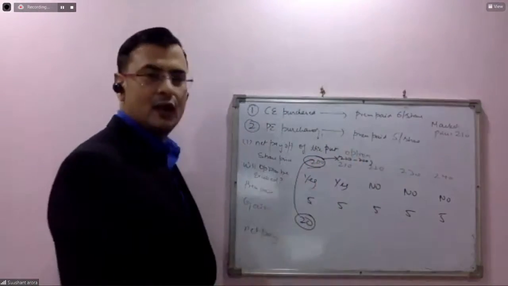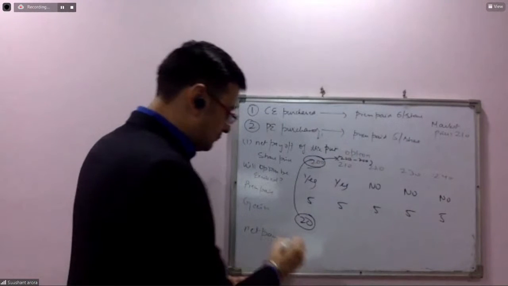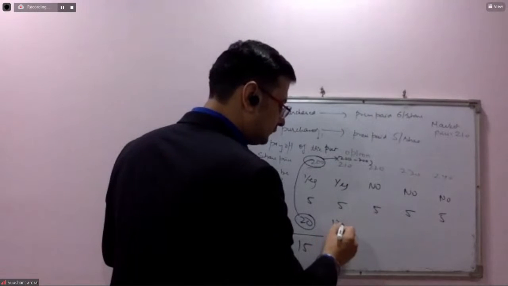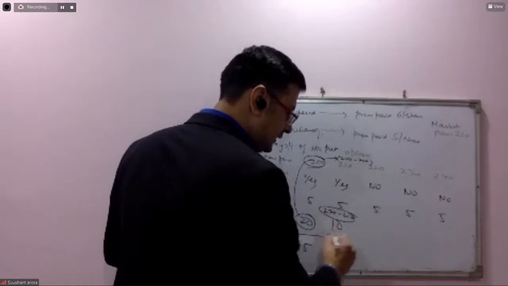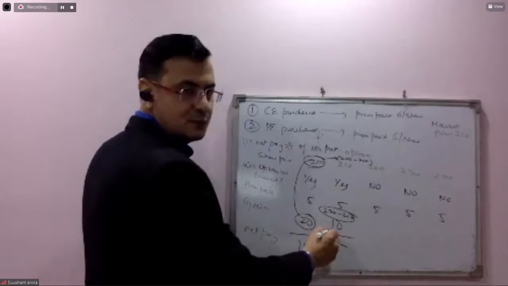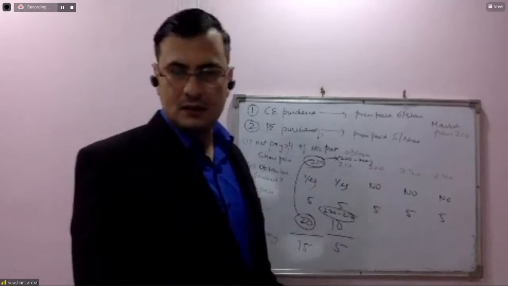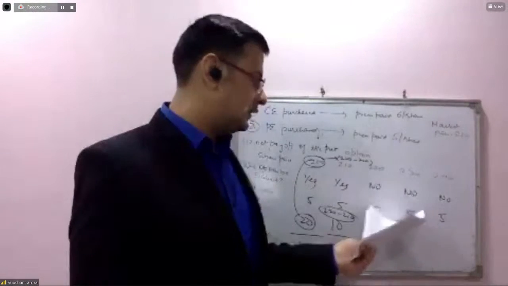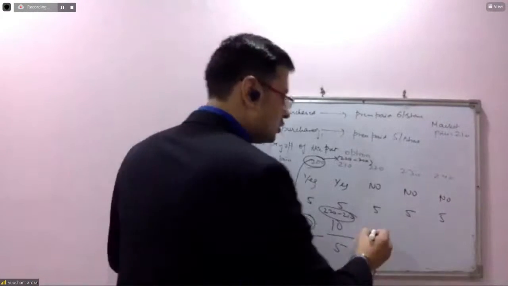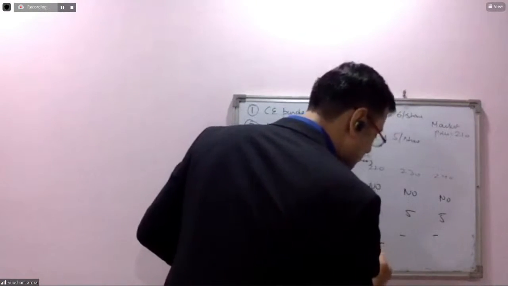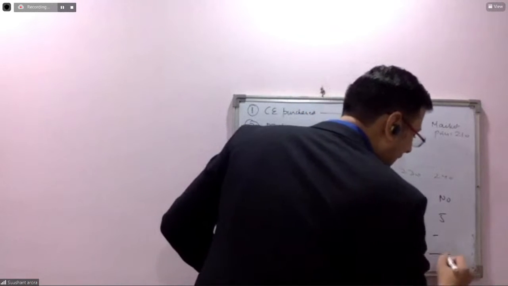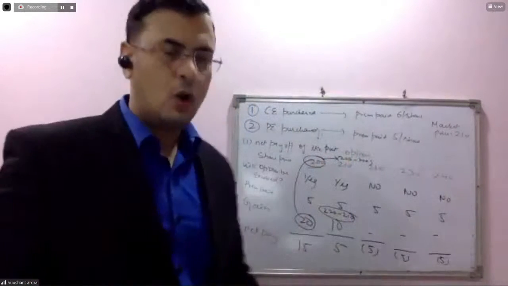My net gain becomes 15. Here I gain 10 rupees, 220 minus 210, a net gain of 5 rupees. This is positive, this is negative. In this case, since I have not exercised the put option, there was no profit, only a loss of the premium. So nil, nil, nil, and net payoff is minus 5, minus 5, and minus 5. All of them.